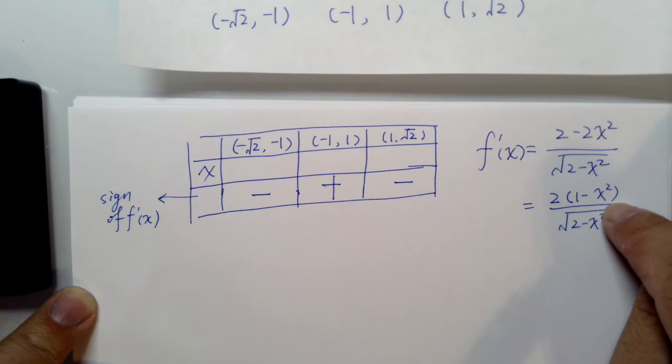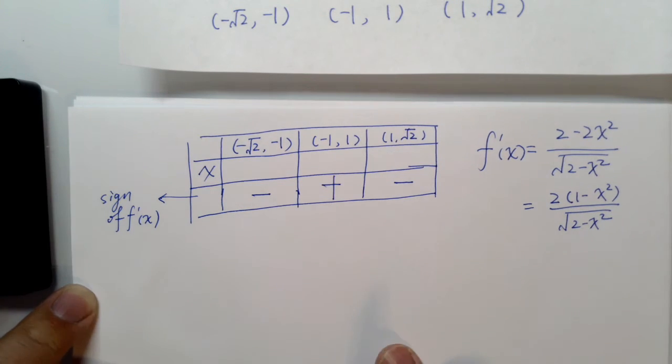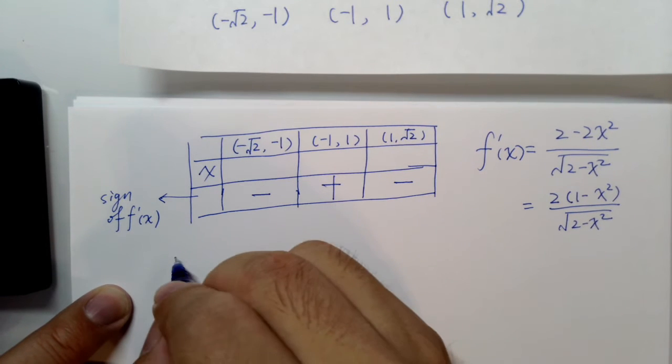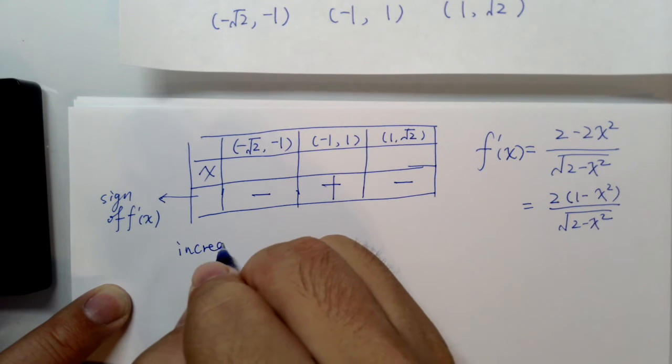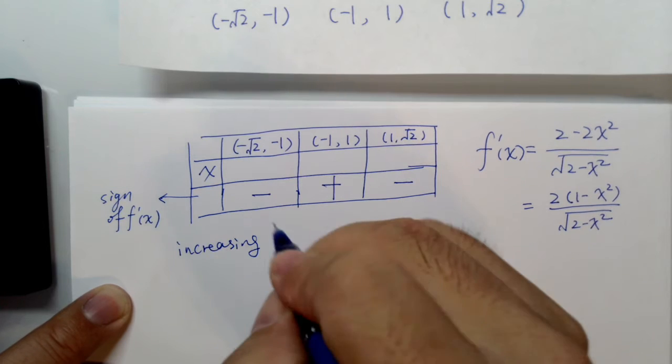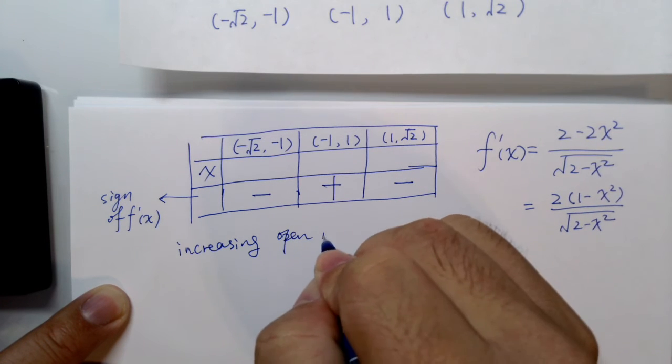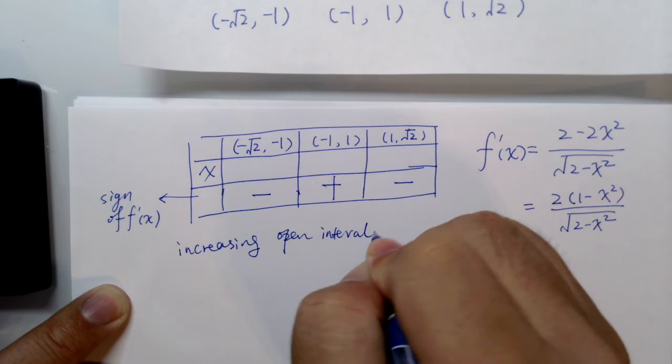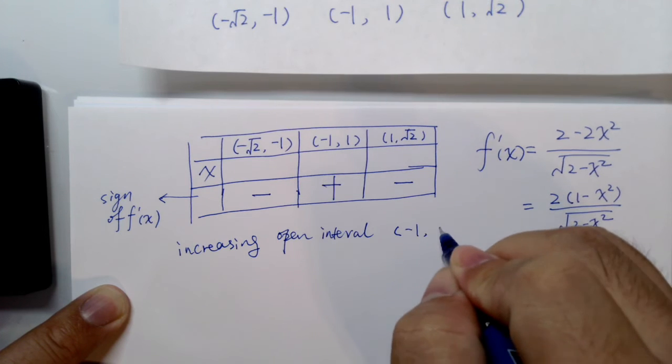So that being said, our increasing open interval will be from -1 to 1.